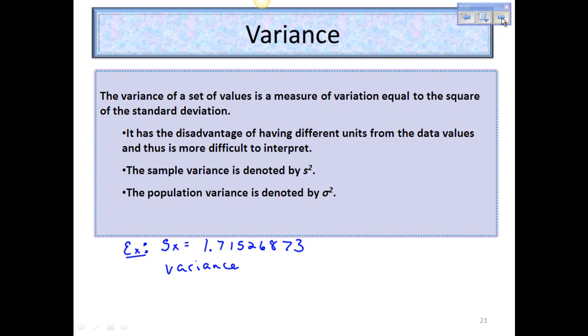To find that variance, S squared, you need to take all those decimal places. It's one of those cases where you do not round until your final answer. Square all those decimal places, and then you can round to one more decimal place than what was in the original data set to give your variance.